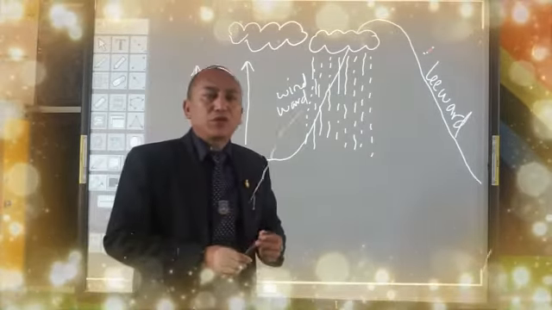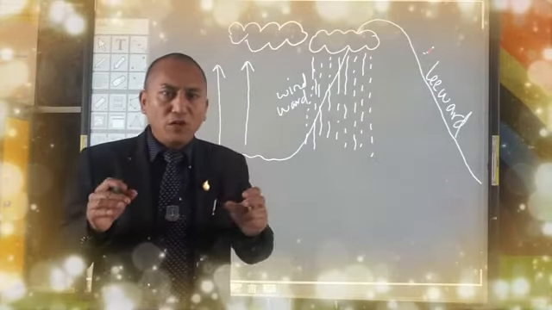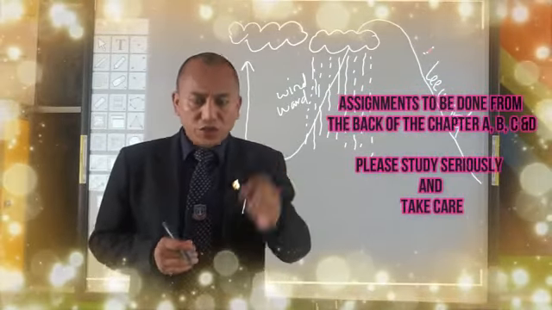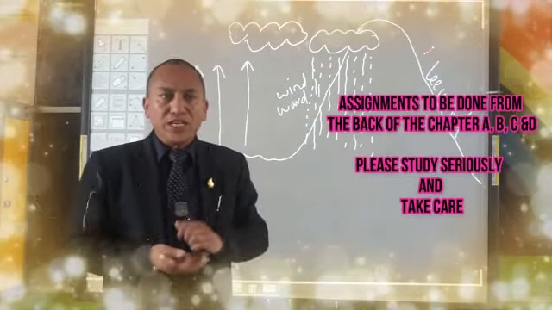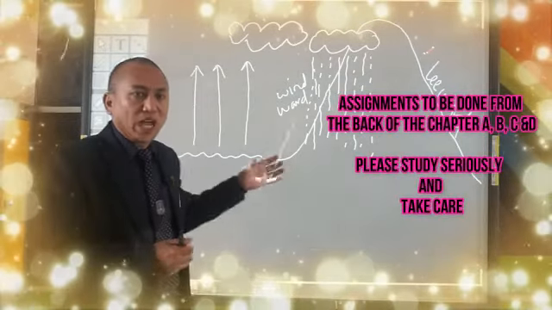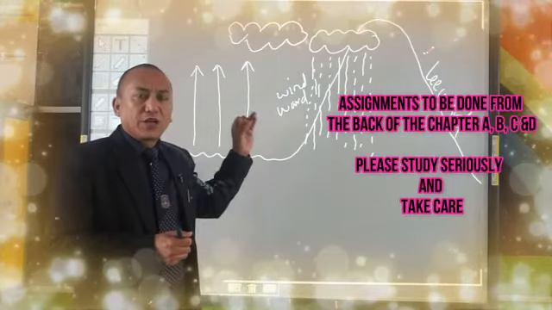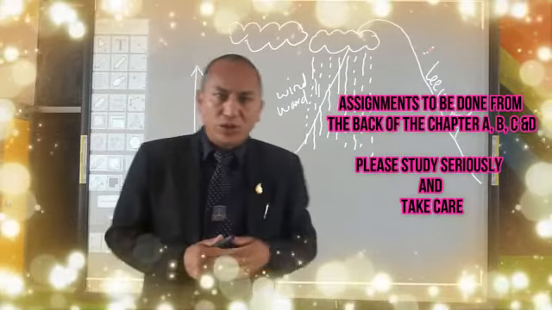Whereas the tropical cyclones give a lot of rainfall, but they last for a short duration of time. So these are the different types of rainfall that we have: the relief rainfall, the convectional rainfall, and the cyclonic rainfall.